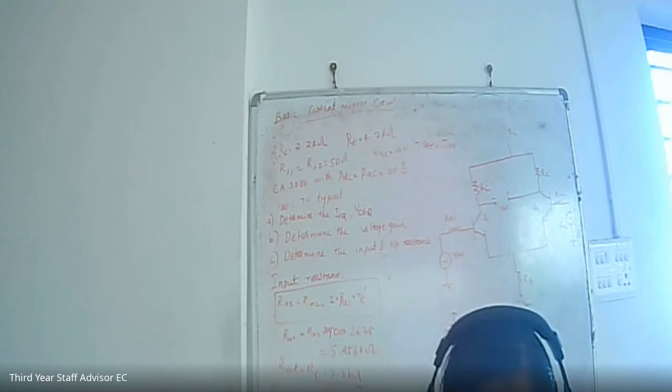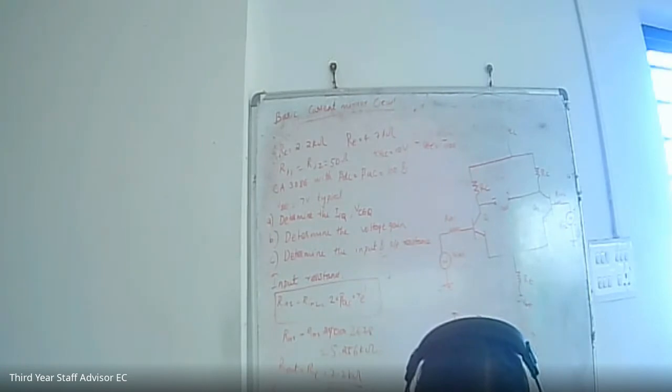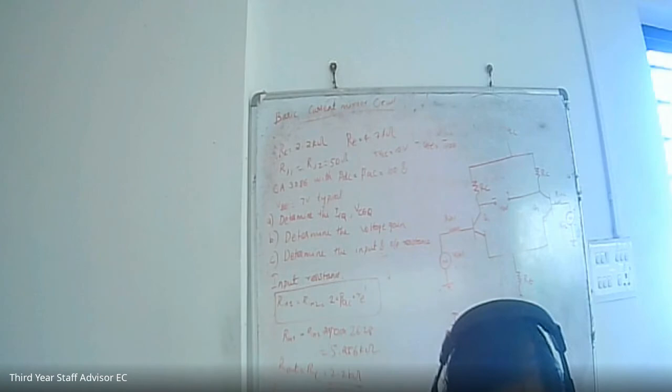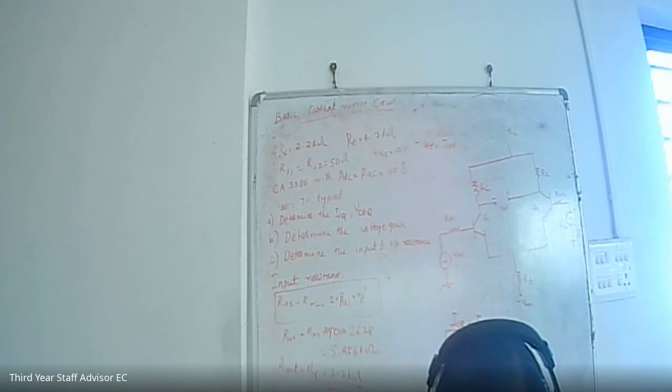You can write the question: an emitter biased dual input balanced output differential amplifier has the following specification.